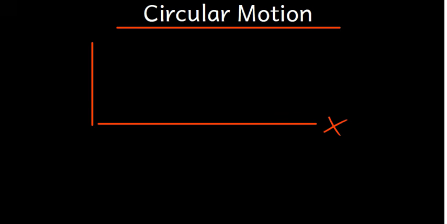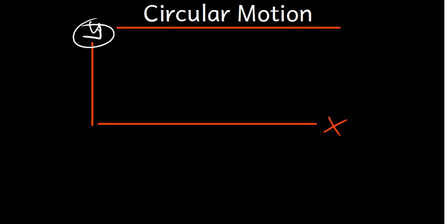An object moving in x direction, we talked about this. An object moving in y direction, we talked about this, which was free fall motion. When an object is moving along a straight path, in either the x or y direction, that is what we call linear motion.